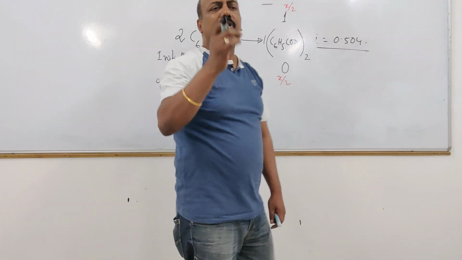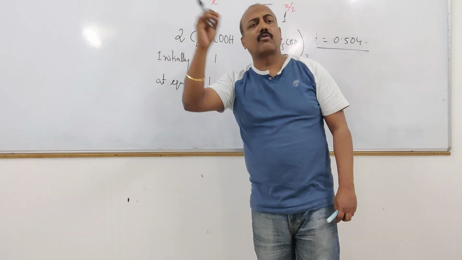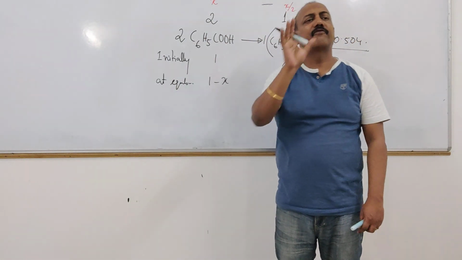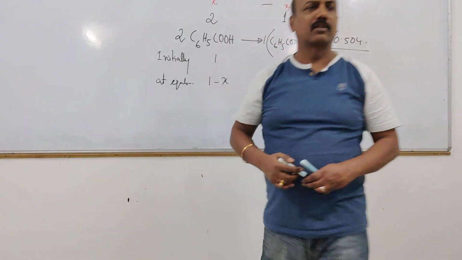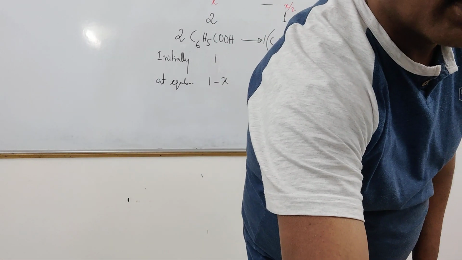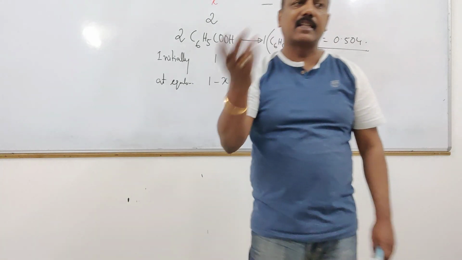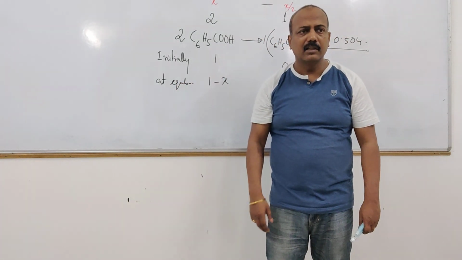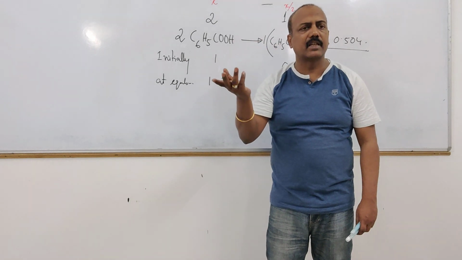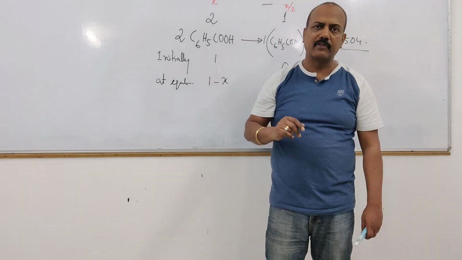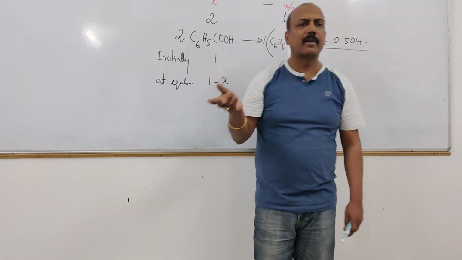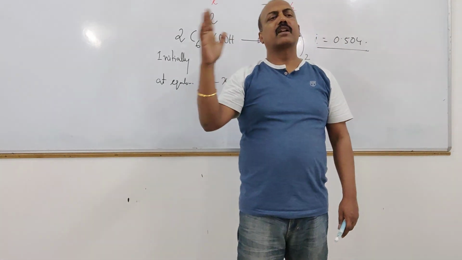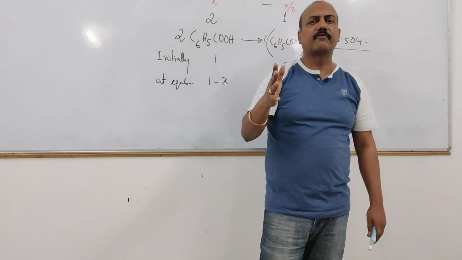So if X of them undergo dimerization, say if 50 undergo dimerization, then the number of particles produced after dimerization is 25. If 50 undergo dimerization, how many particles will be formed? 25. If 100 undergo dimerization, how many particles will be formed? 50. If 500 undergo dimerization, how many particles will be formed? 250.